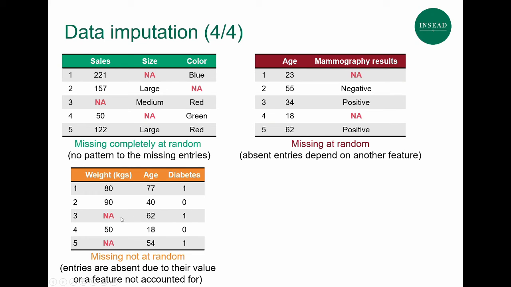Now, it seems from the pattern, we can maybe link it to the diabetes diagnosis. So it might be here that this weight is missing because somebody's self-censored and didn't want to give their weight, maybe because it was too high, maybe because it was too low. But here, this is what we call missing not at random. The entries are absent due to their value or to a feature that's not been accounted for.